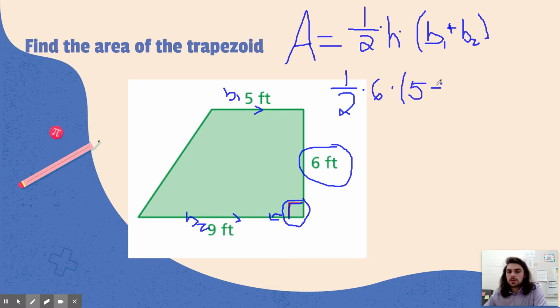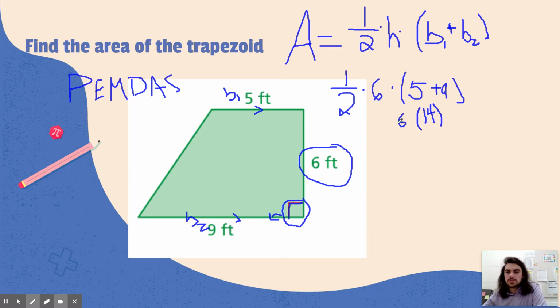5 plus 9. I have to follow PEMDAS. Remember, it's parentheses, exponents, multiplication, division, adding, subtracting. I have to do my parentheses. 5 plus 9 gives me 14 times 6 times 1/2.